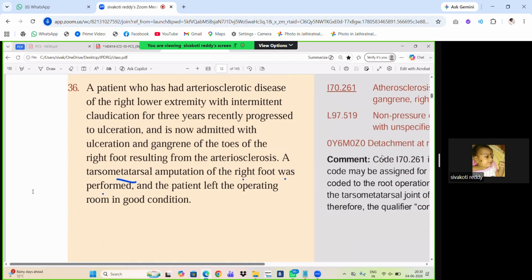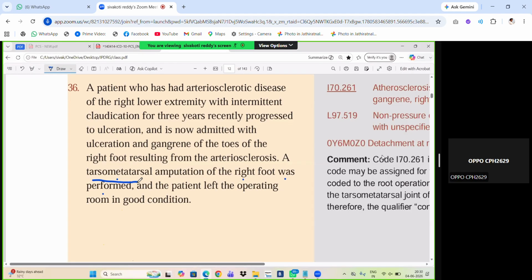Here, where they perform the procedure. Right foot. In the amputation, where they have done it. Amputation, right foot. Right foot, tarso metatarsal, right?